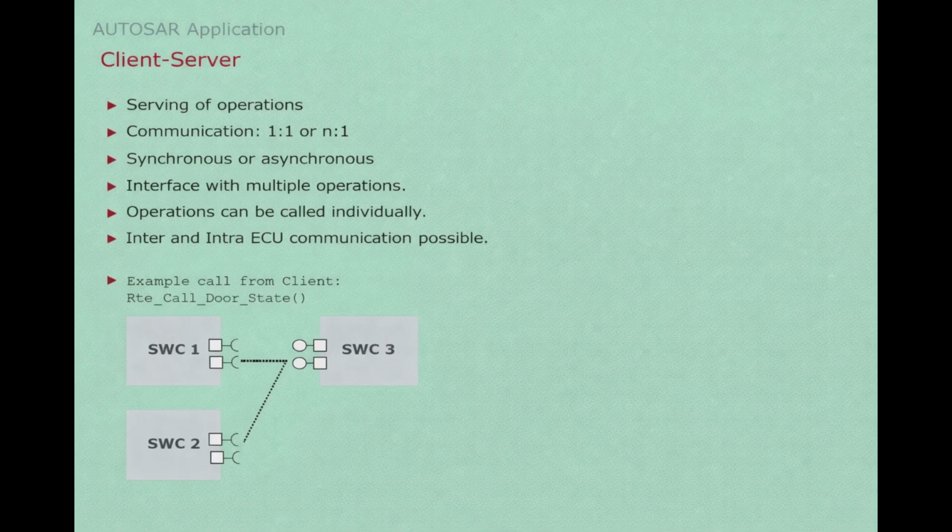In terms of how the API looks for the client-server communication, it will always be something like RTE_call, name of the port, name of the operation. Very similar to here, name of the port, name of the data element. But instead of RTE read write, it's just RTE call. The way in which these names are built up is standardized by AUTOSAR.